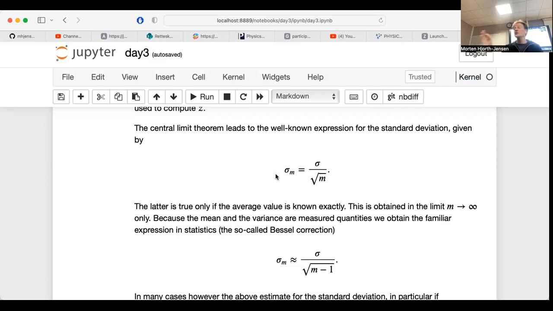Because when you toss the coin only 10 times, you can get 8 heads and 2 tails. But if you do it 10,000 times, then you will be 97% sure that you will get the 50-50 case. So you're narrowing down the standard deviation in what you expect to see. That sounds reasonable, right? If you do few experiments, they can deviate from what you should get. If you run this many, many times, you should get closer and closer to the true answer.